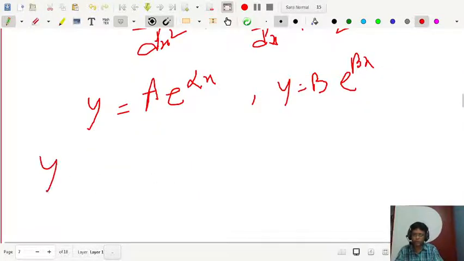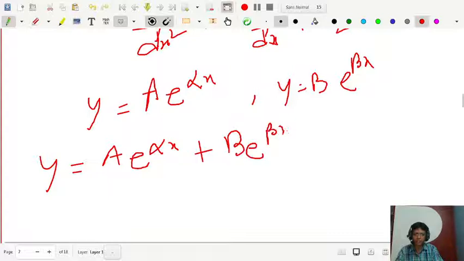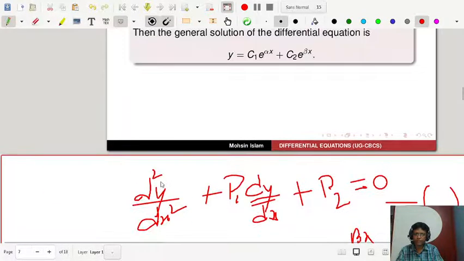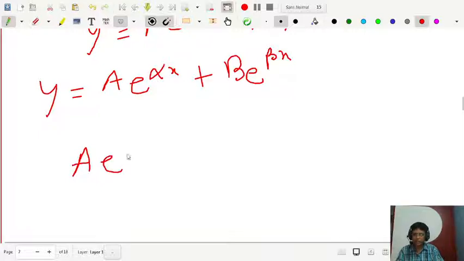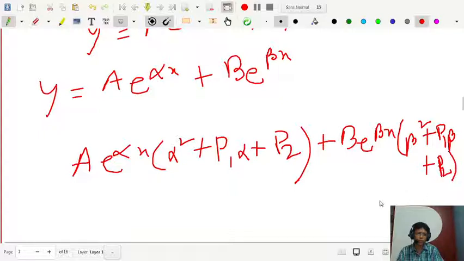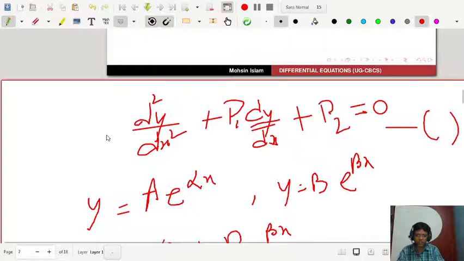Now if you substitute y equal to a e to the power alpha x plus b e to the power beta x in the left hand side of this differential equation, then we have a e to the power alpha x into alpha square plus p1 alpha plus p2, plus b e to the power beta x into beta square plus p1 beta plus p2, equal to 0.